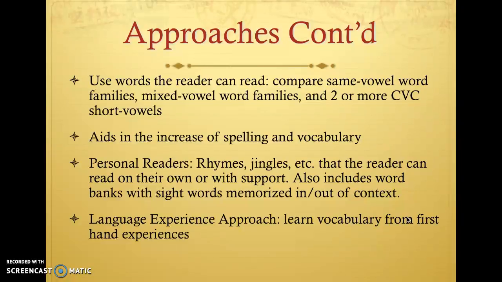So you have two or more CVC short vowels. You want to help them to increase their spelling and vocabulary. You want to make sure that they have books that they can read that are very low text and are very, as we said before, supportive of the reader.